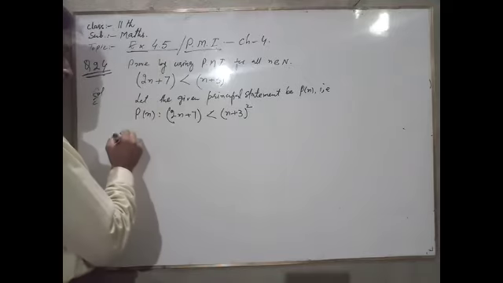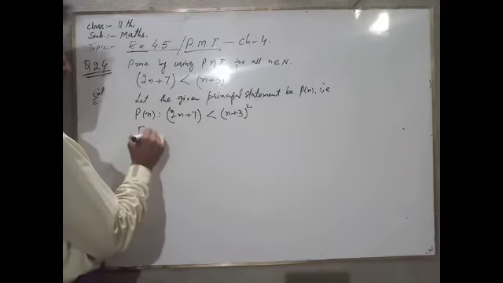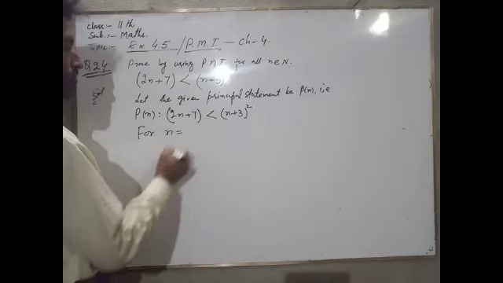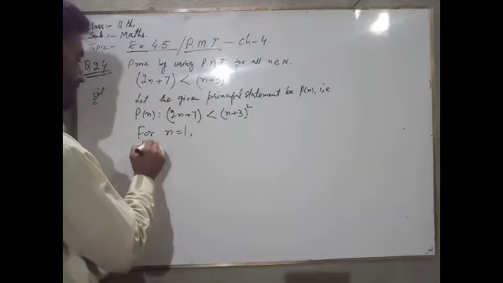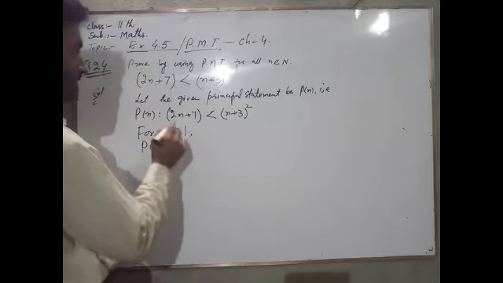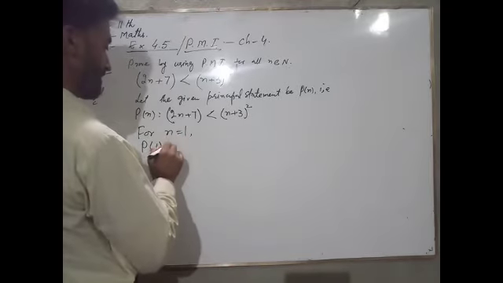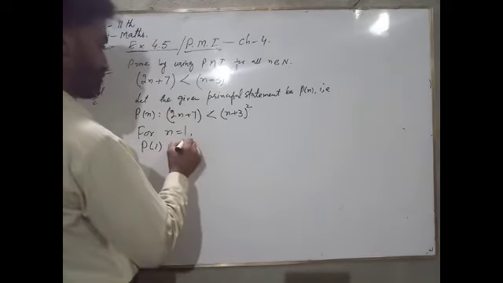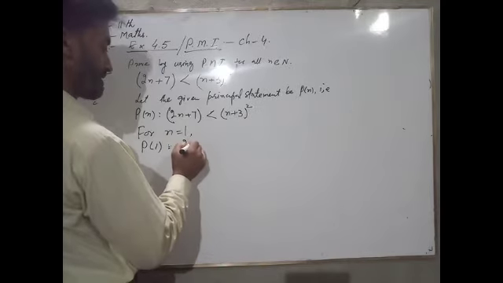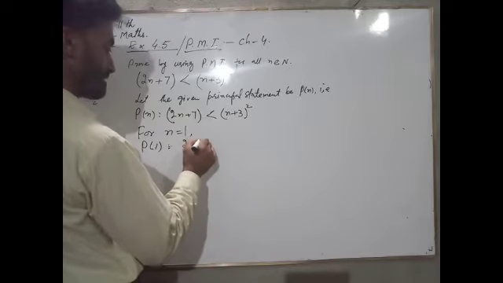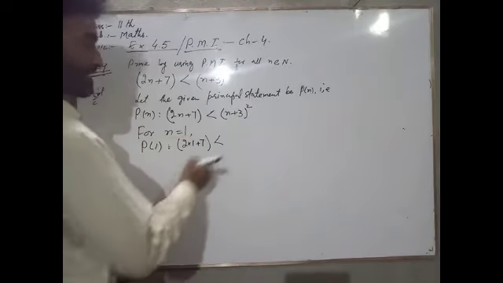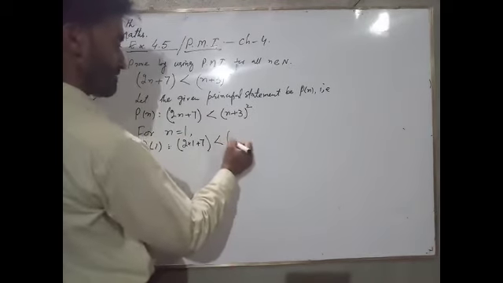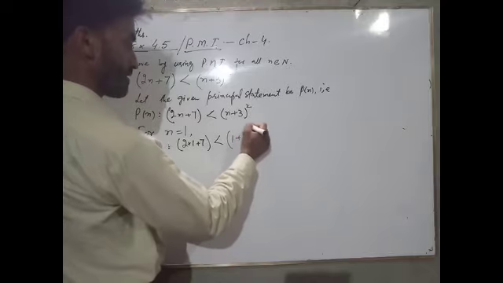So in the first step, what will we do? For n equal to 1, we will prove it. That is P1. P1 will be 2 into 1 plus 7 less than (1 plus 3) square.